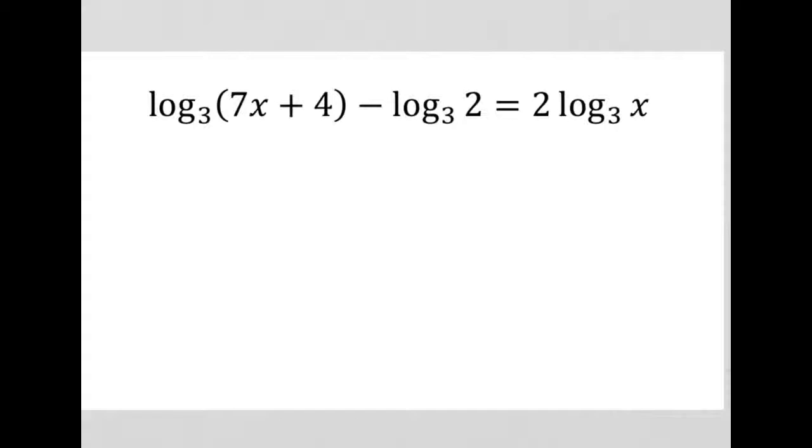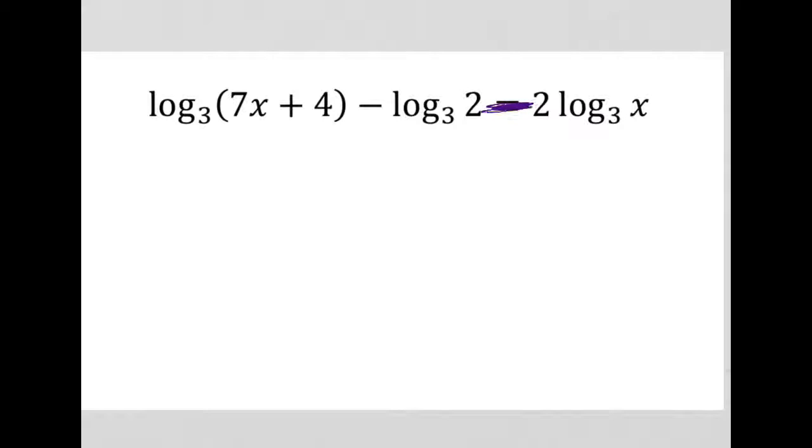Okay, similar problem here. We're going to end up with a quadratic again, and notice that all of these logs are log base 3. And so we want to go ahead and combine these, compress these to a single logarithm. So the first thing I'm going to do is subtract 2 log base 3 of x from both sides.